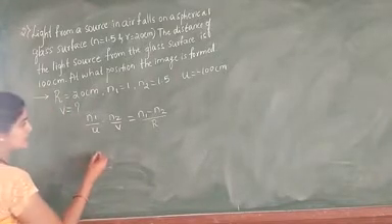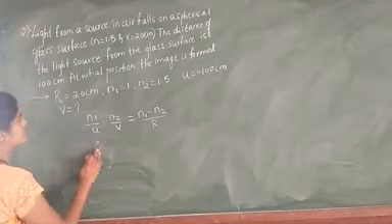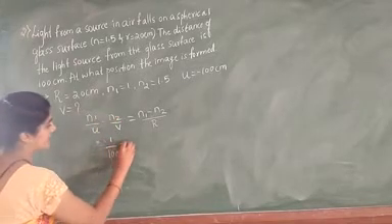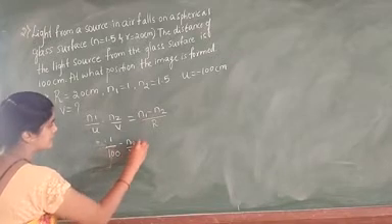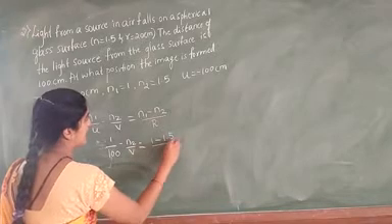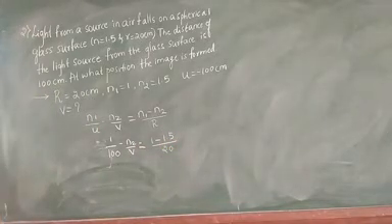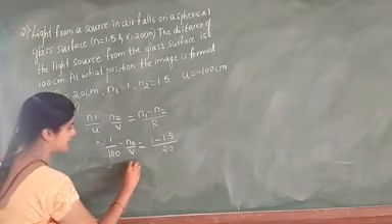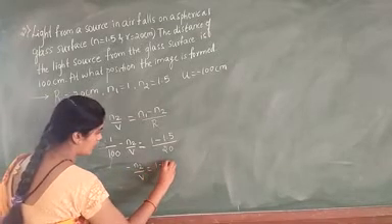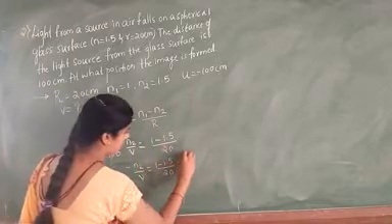Just putting the values, 1 by 100 minus n2 by v is equal to 1 minus 1.5 divided by 20, where the radius of curvature is 20. Or this can be written as minus n2 by v is equal to 1 minus 1.5 divided by 20, taking minus 1 by 100 to this side.